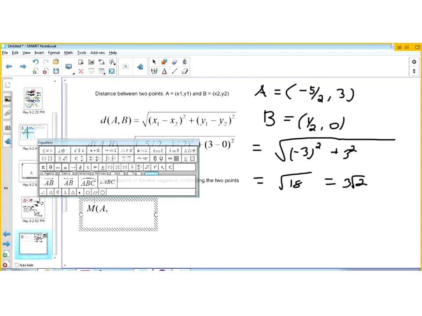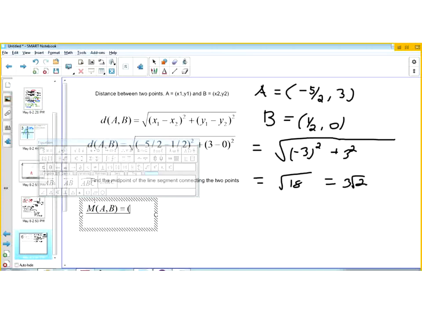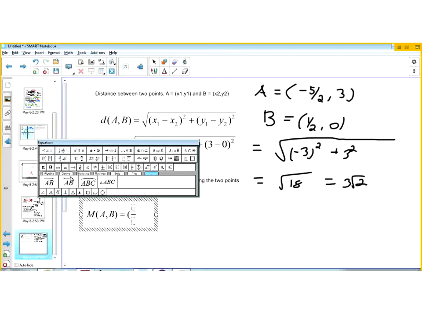So the midpoint formula goes like this. That would equal, let's see, that would be x sub 1 plus x sub 2 divided by 2.